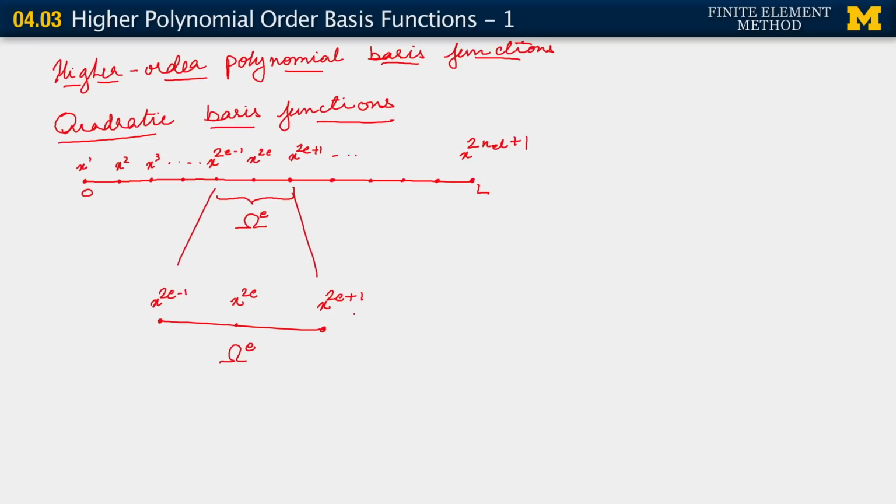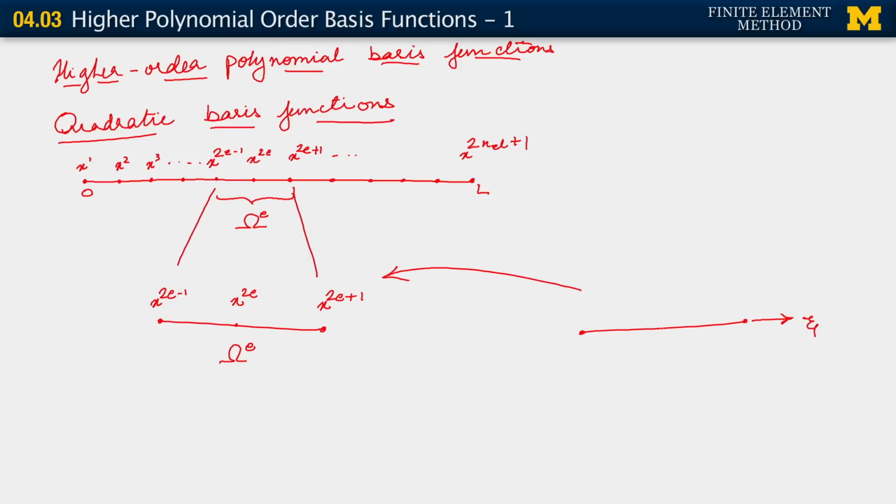As we did for the case of the linear elements and linear basis functions, we will suppose that this physical element is obtained through a map from a bi-unit domain, which is the parent domain, on which our coordinate is labeled c.